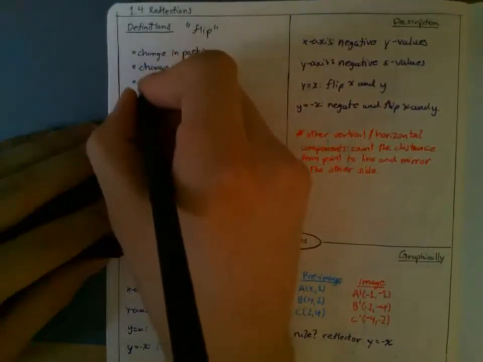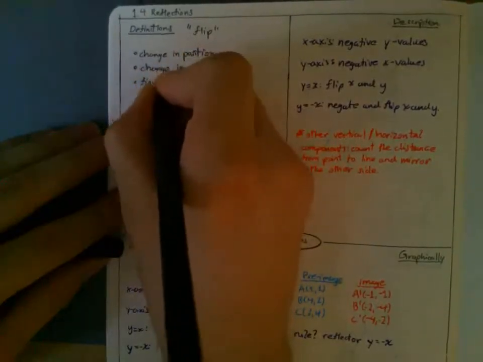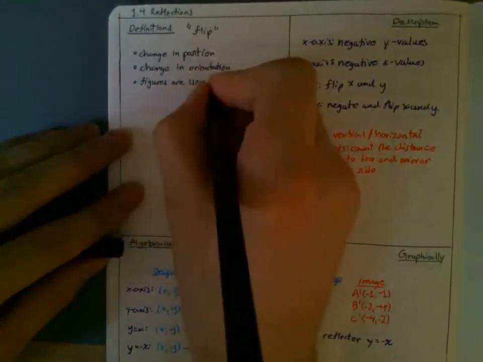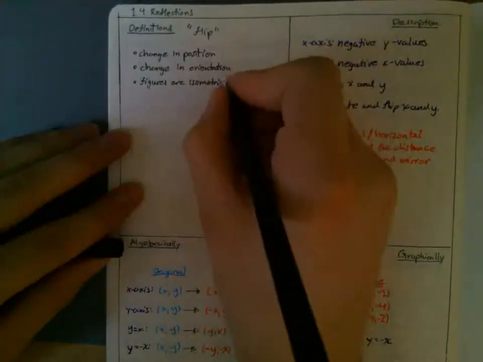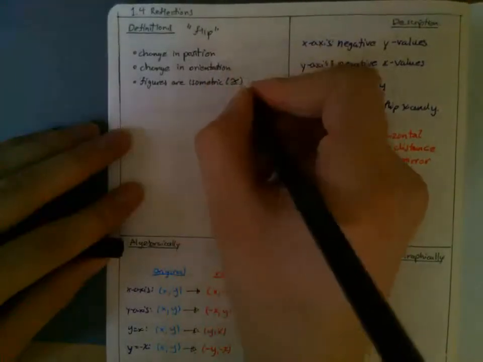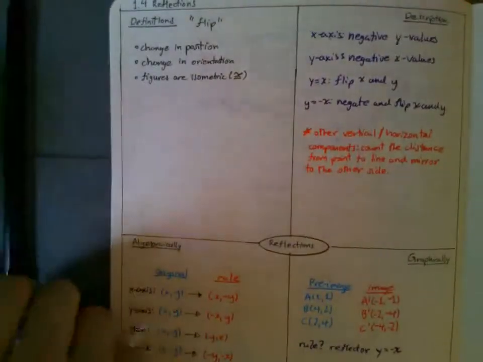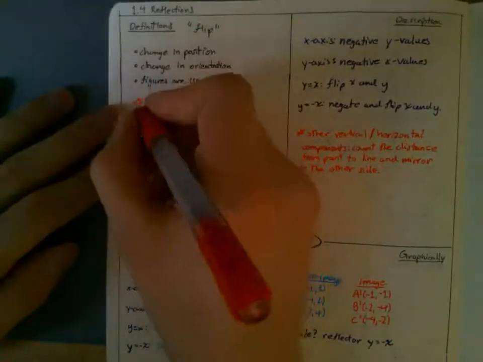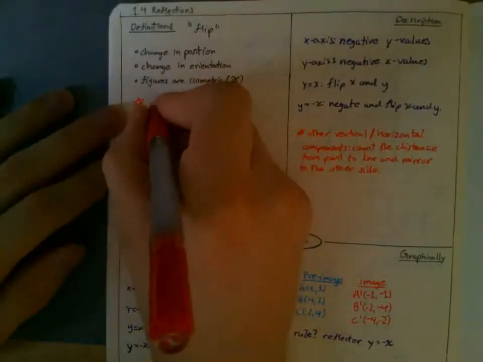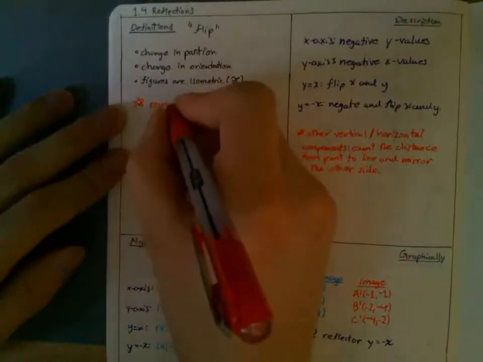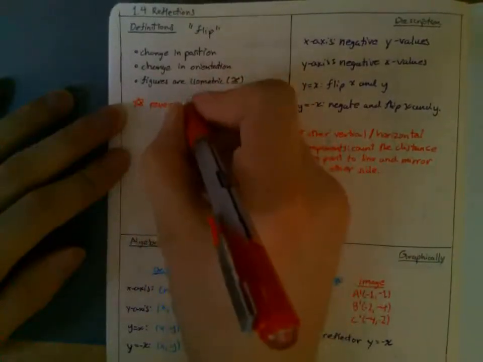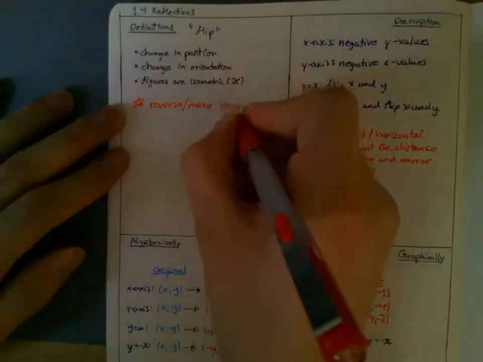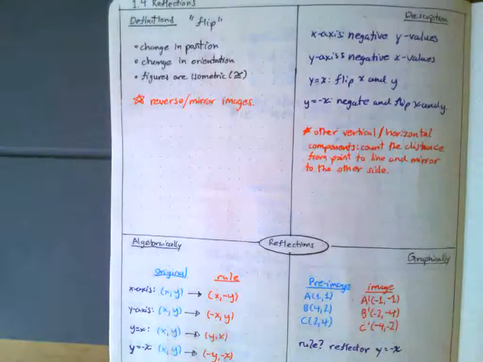And the figures are isometric. Okay, big old star here, which is essentially the summarization of that: reverse or mirror images. Okay, so nothing crazy there.